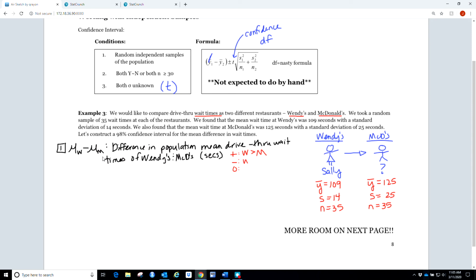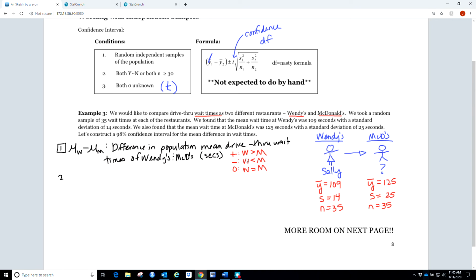If I got a negative time, Wendy's would have a smaller time than McDonald's. And if we got 0, that would mean that they were equal. Now looking at the values that I got over here, our sample mean for Wendy's was less than it was for McDonald's. So I'm going to already feel like I'm going to be getting some negative numbers. And negative numbers are okay since we're looking at a difference in mean wait times.